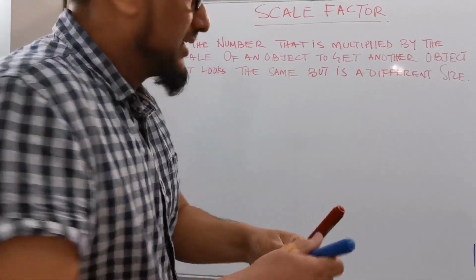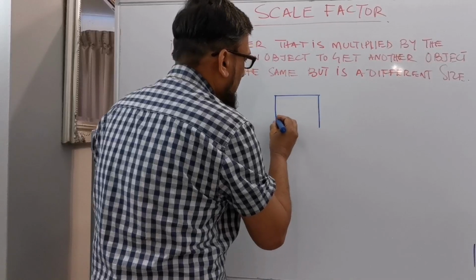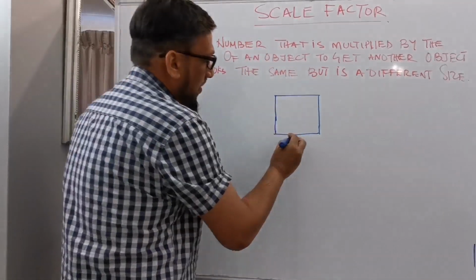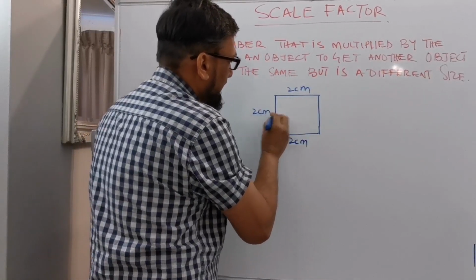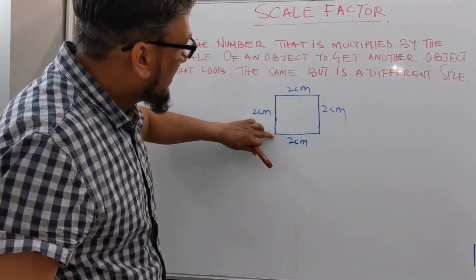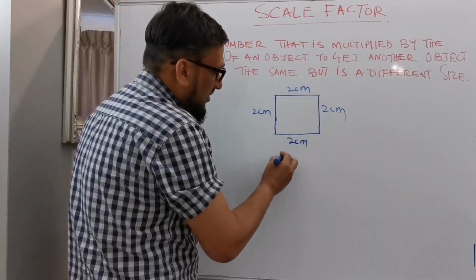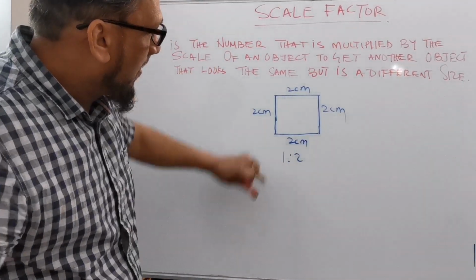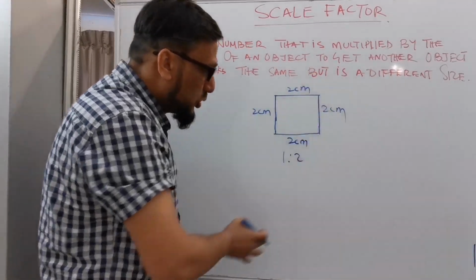If I say that this is a square, and it is 2 centimeter on each side, and this square's size increases by a scale factor of 1:2, it means each side increases by 2.